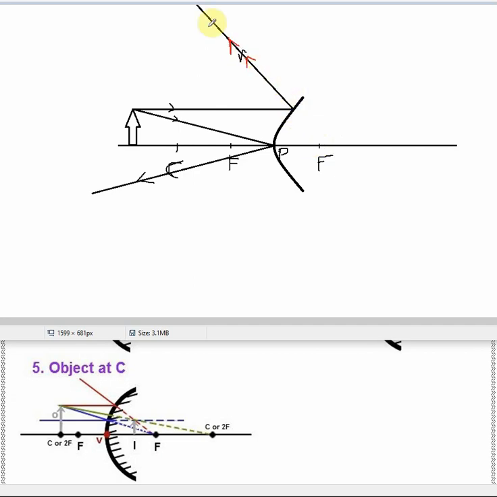If any observer is seeing this reflected light from here, then for that person it will look like the light is actually coming from here. This person will feel it, but we know the light source is here. So this diverging light will be pointed towards the focus.